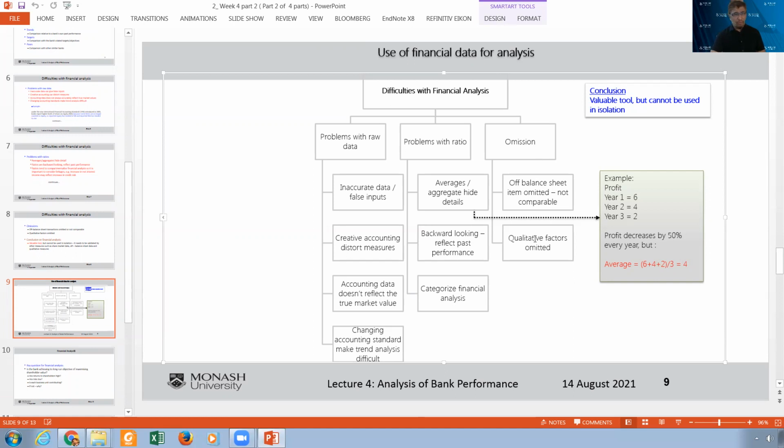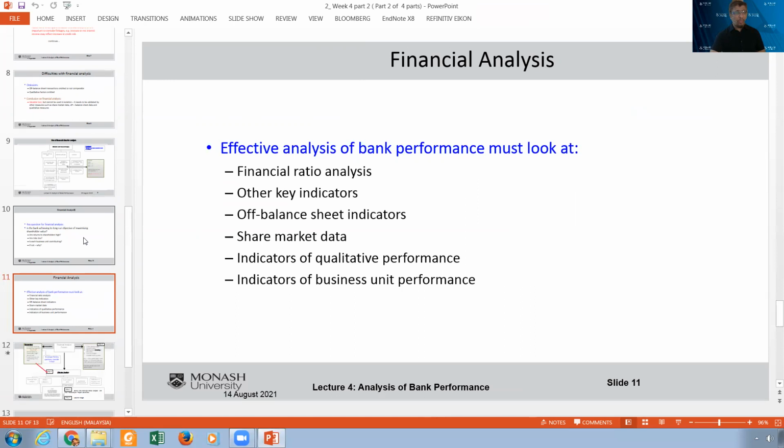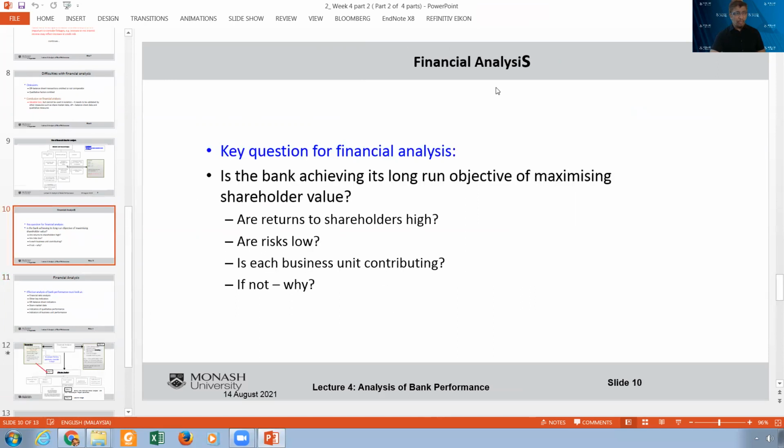There is omission of the balance sheet and the qualitative. So actually, when we talk about the key financial ratios, the key question is: is the bank achieving the long-term objective of maximizing the shareholders' value?